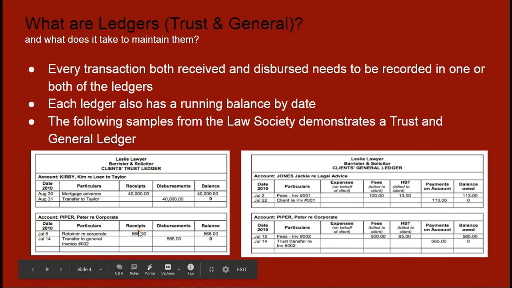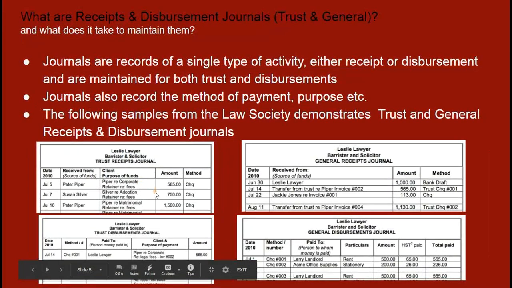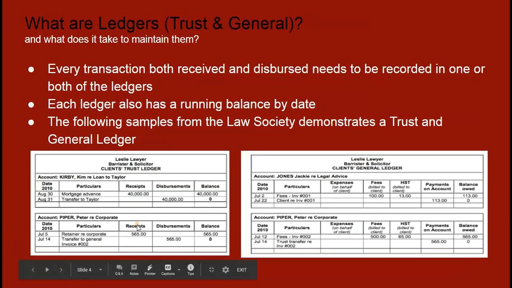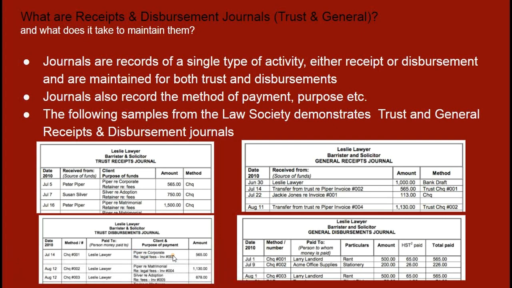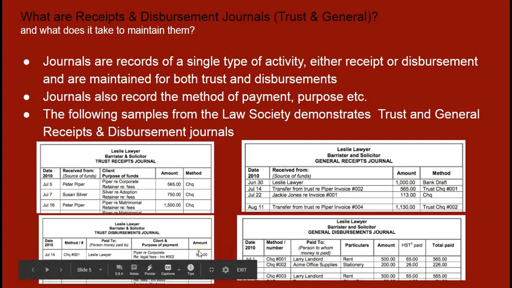But for that 565 that you received, for this one single receipt, there's a journal which talks about the method and how that money was received. And for this trust ledger where money was dispersed, where money left the trust account, there's a corresponding journal document that talks about what was the reason, for whom was that money dispersed, the amount, and most importantly, the method as well.